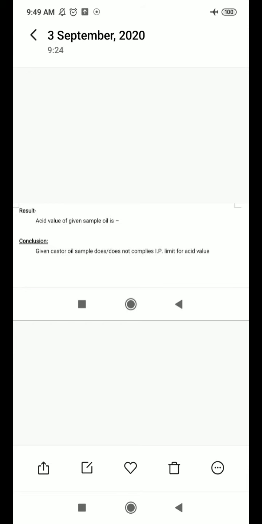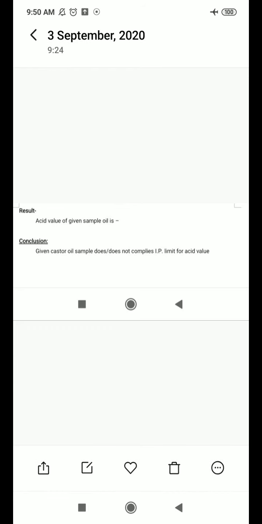Which sample? Castor oil. Conclusion: the given castor oil sample does or does not comply with the IP limit for acid value. Before the conclusion, you should know the standard acid value for castor oil. For example, if the standard range is between 100 and 120, you should first search the standard acid value of castor oil.